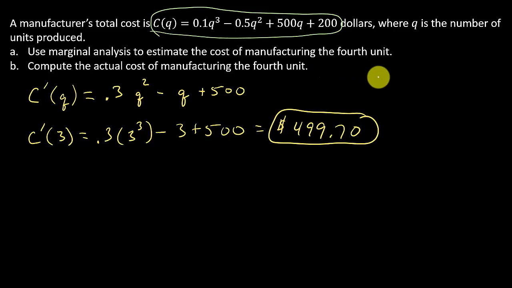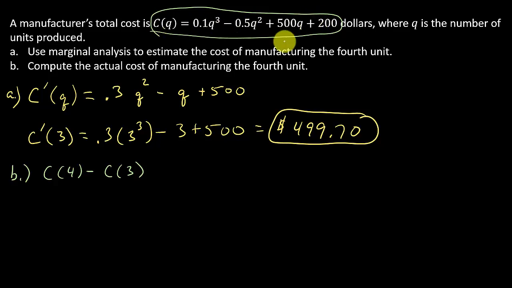Now, this is part A. For part B, they want us to compute the actual cost of manufacturing the fourth unit. So for part B, that's C of 4 minus C of 3. So this is the total cost.